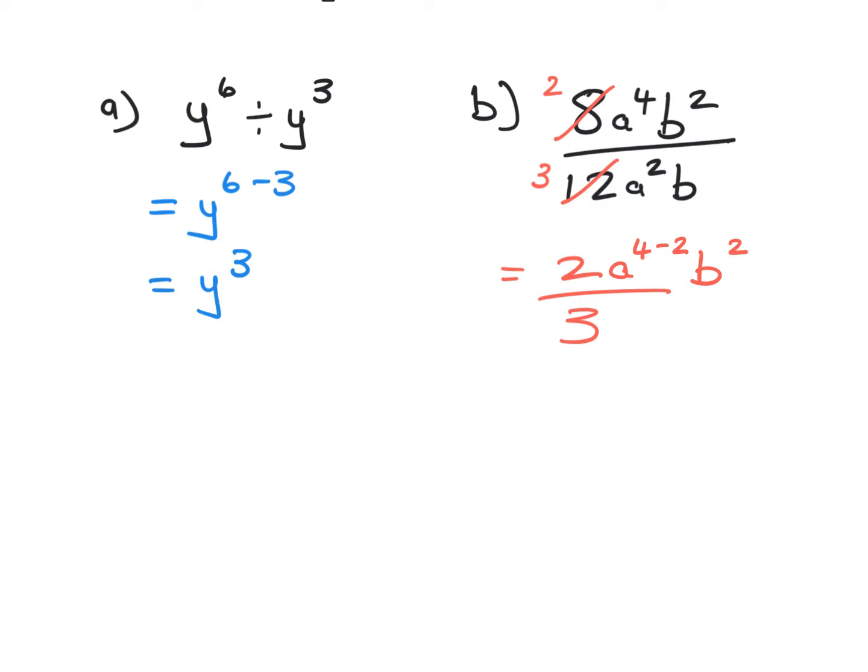B to the power of 2 minus 1. Remembering that b by itself has an exponent of 1. And then this will become 2a, and 4 take away 2 gives me 2b. 2 take away 1 is to the power of 1, and I don't necessarily have to show the power of 1, over 3. That'll be my answer.